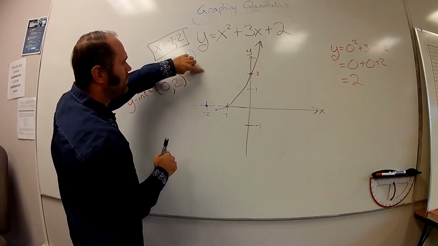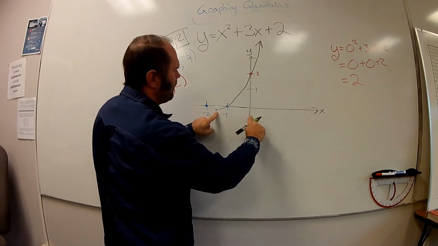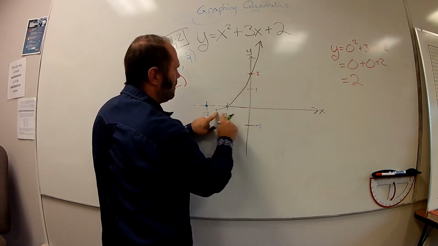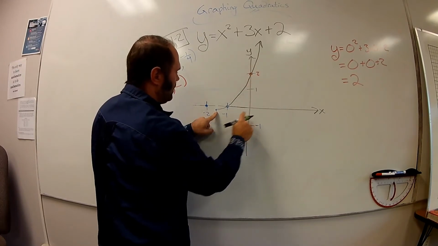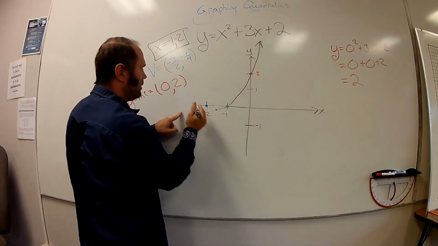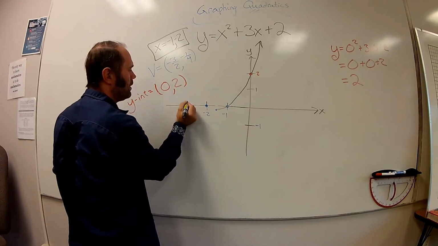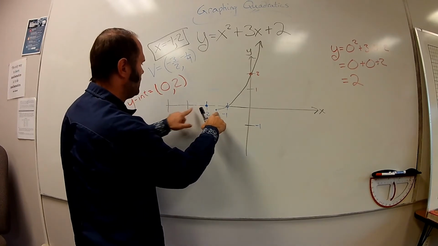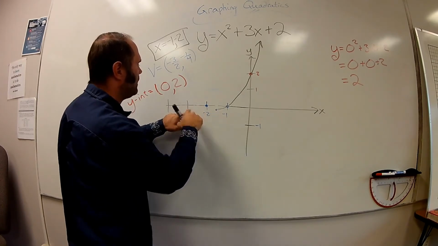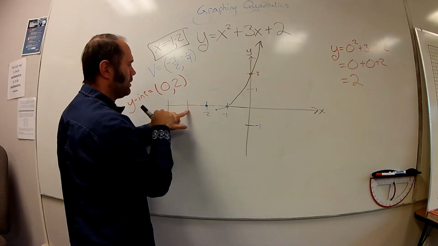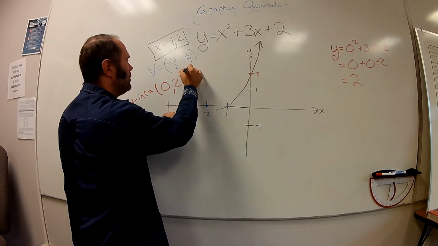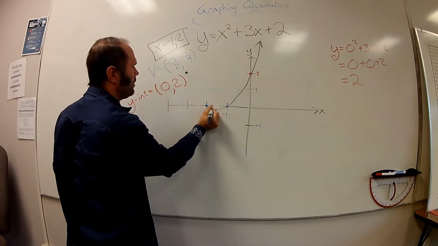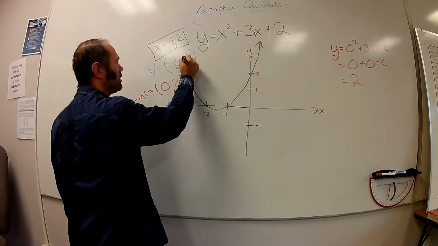So if we go right 1.5, up 2.25 from this point, we're going to go right 1.5, up 2.25 from here. So 1, 2. And that should help us to make it fairly symmetric.